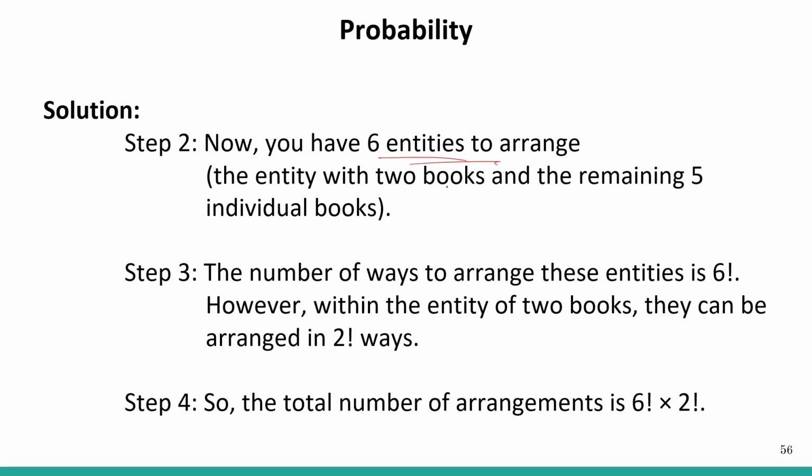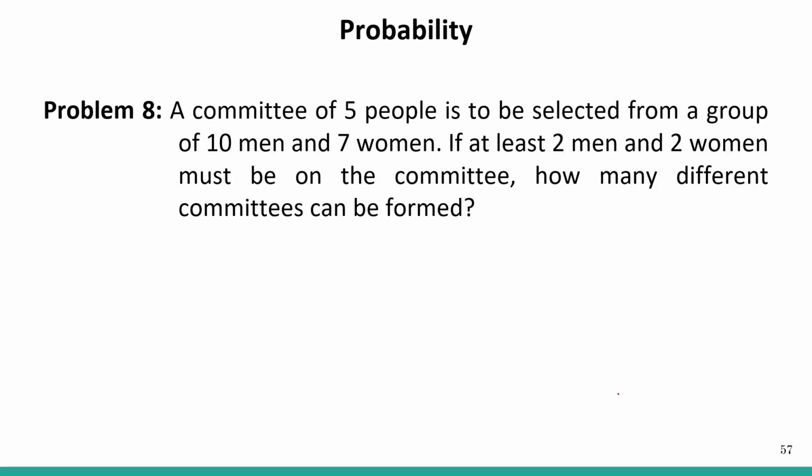The number of ways to arrange these is 6 factorial, but those 2 books can also be arranged in 2 factorial ways. For the first position there are 2 choices, for the second position there is 1 choice. So multiply these 2 to get the total number of ways.